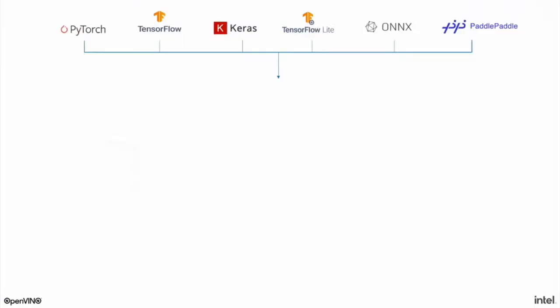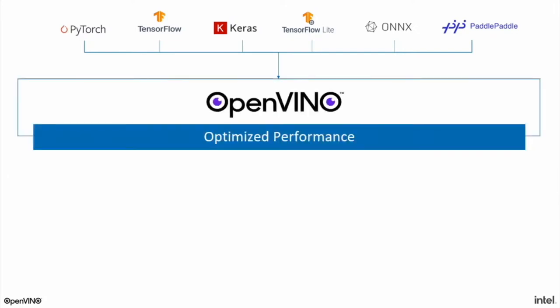So how does it work? We have multiple frameworks. I believe you know all these frameworks like PyTorch, TensorFlow, ONNX, and so on. These frameworks have their own model formats, right? And OpenVino is able to read all these formats and also optimize the models, for example, using quantization or weight compression techniques, so the model can be reduced to a very small size.